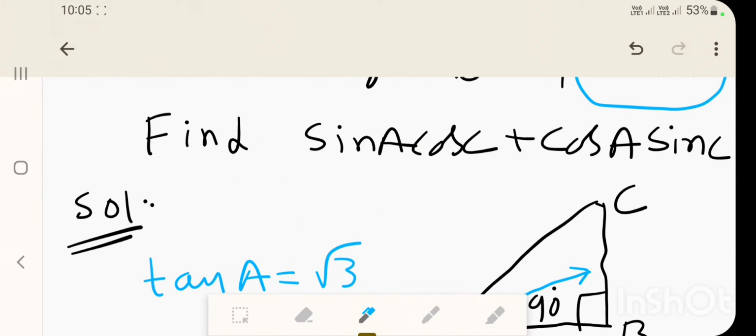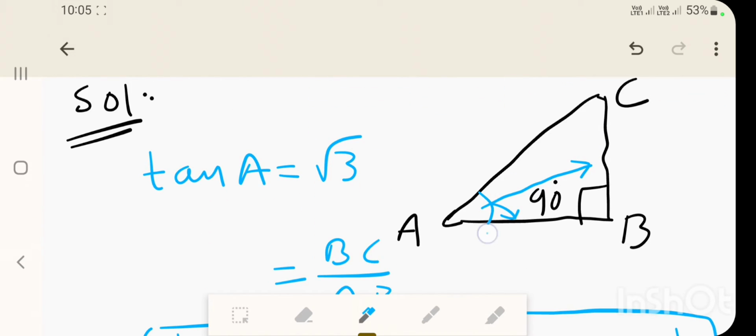What they're asking is, what is sine A into cos C, plus what is cos A, multiplication here, into sine C. Okay. So we got the angle A as 60 degrees. Now can anybody tell what is the angle C?